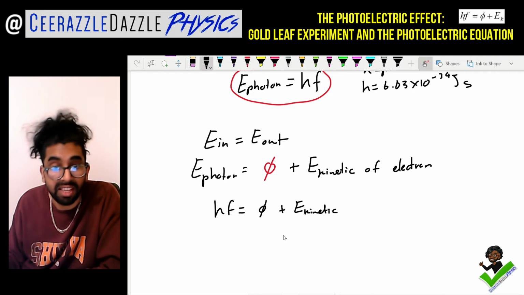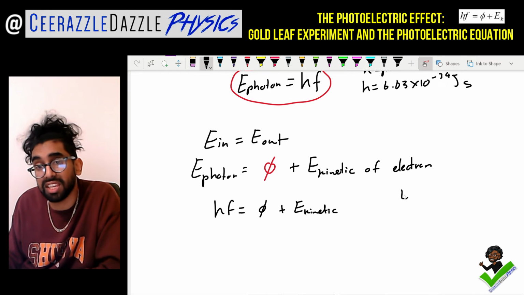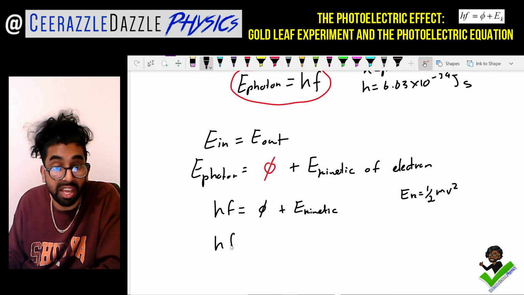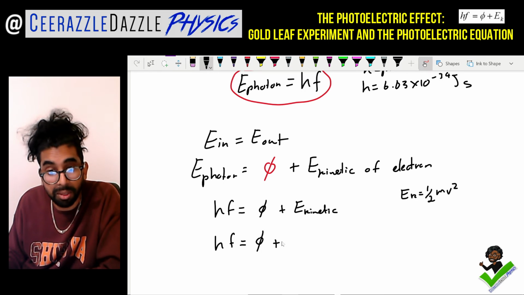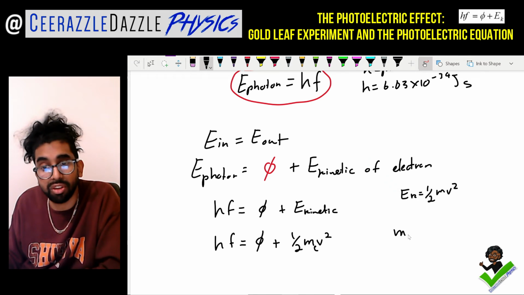We remember that kinetic energy, EK, is equal to a half times m times velocity squared. Therefore, hf is equal to phi plus a half m v squared. I'm putting an e subscript on the m because m_e stands for the mass of the electron.